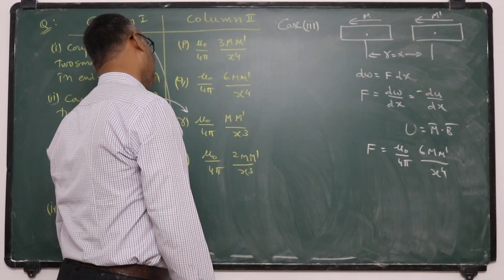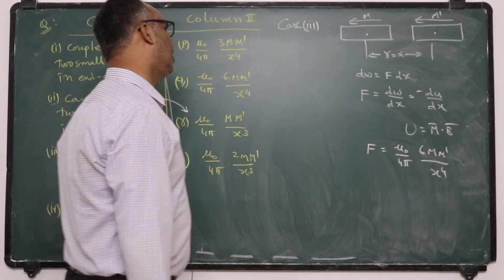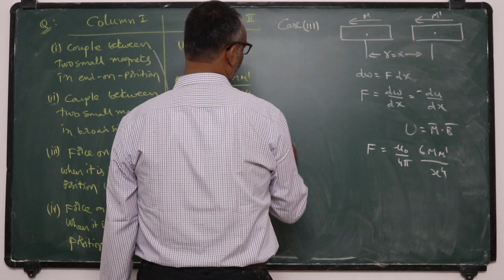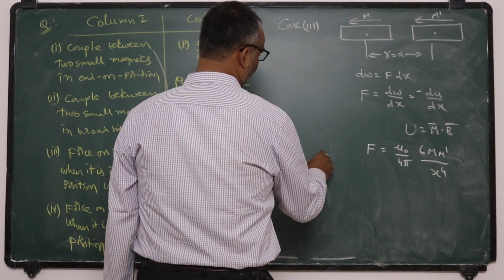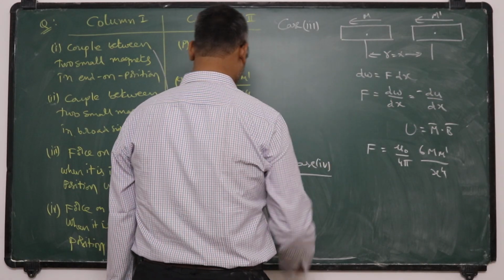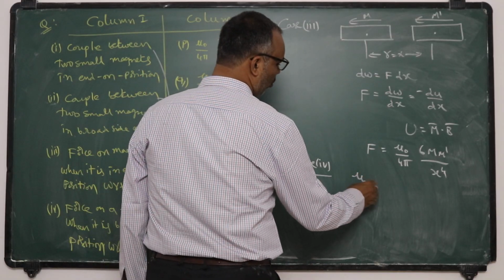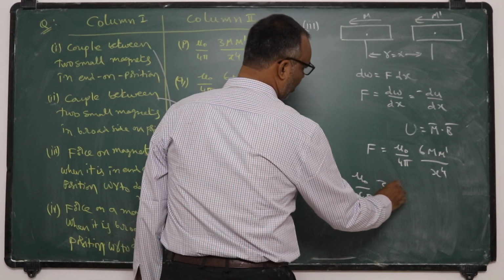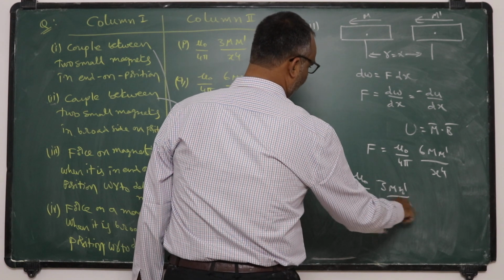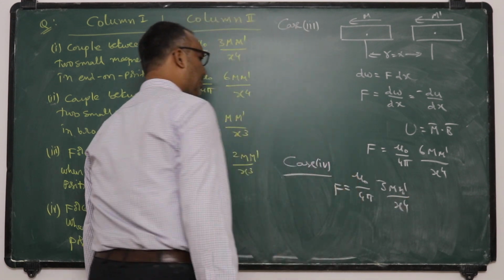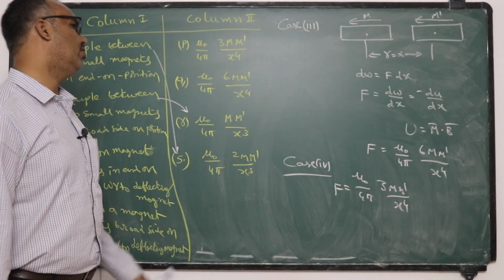Obviously, in case number 4, same type of calculation you can do. The same type of calculation gives us the result mu naught by 4 pi into 3 mm dash by x power 4, exactly half of the earlier value.